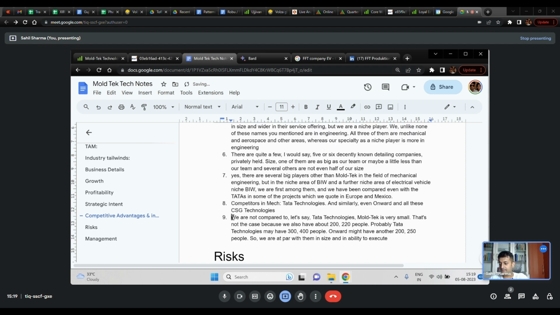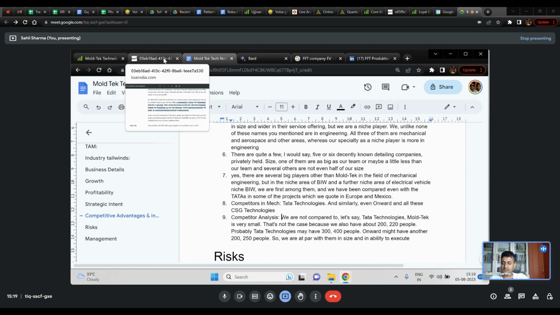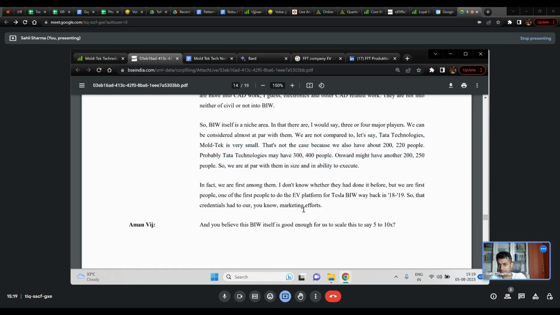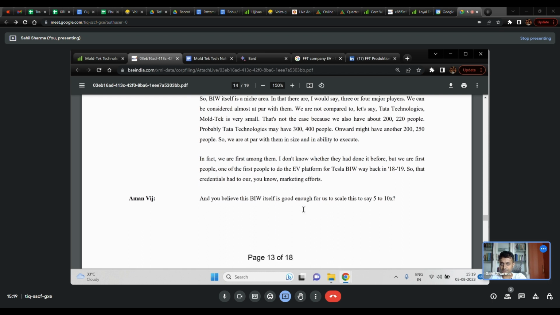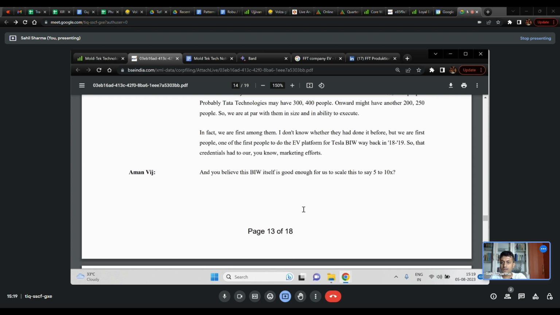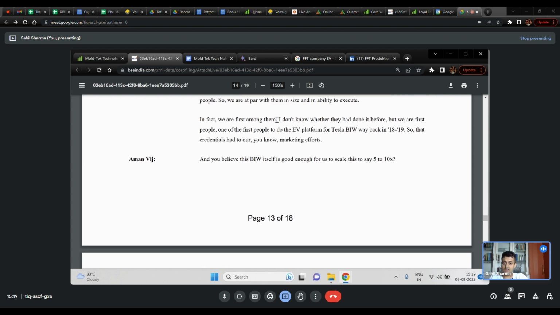We know what are the relative sizes of these companies, and they are, I would say, right up there. Onward has 200 to 250 people. Onward might have other segments also, but at least in this part, which is BIW. And then they obviously did Tesla BIW in 2018-19.